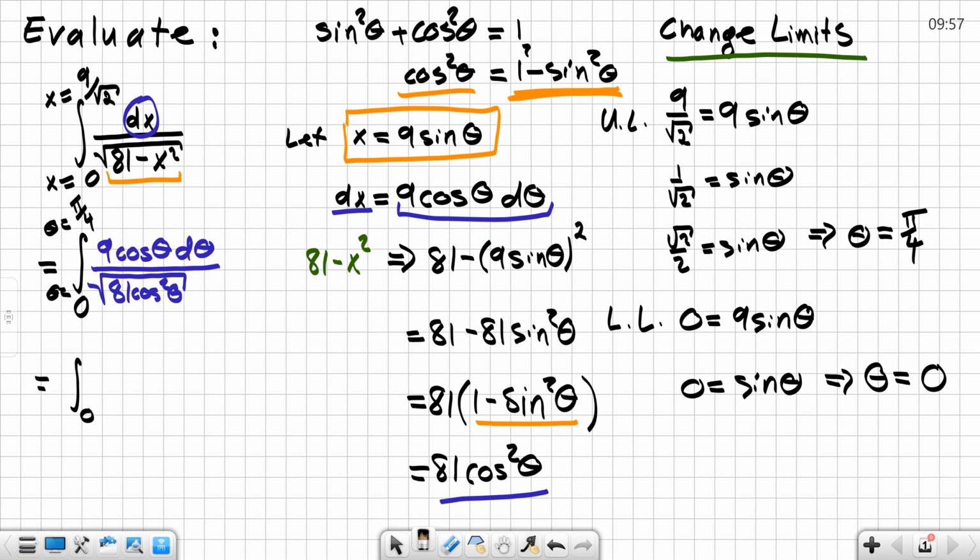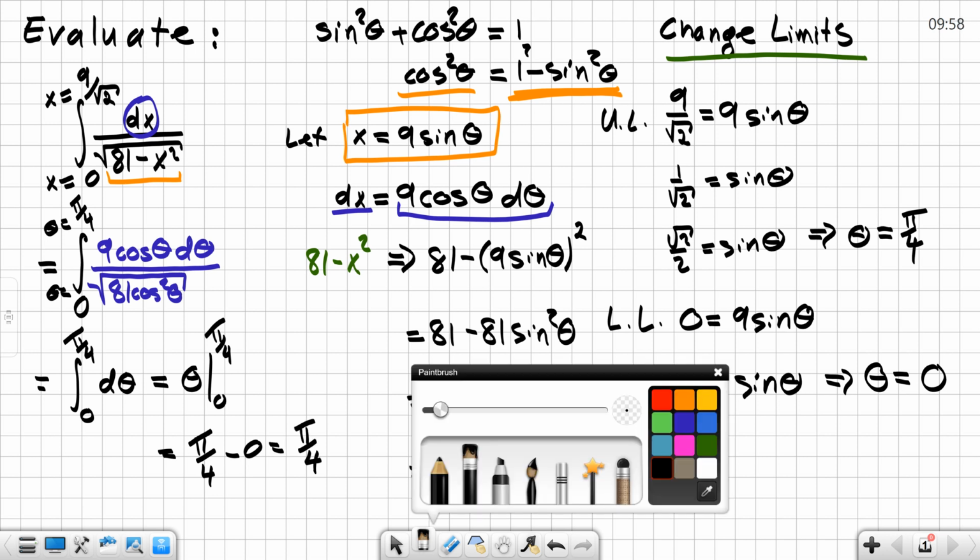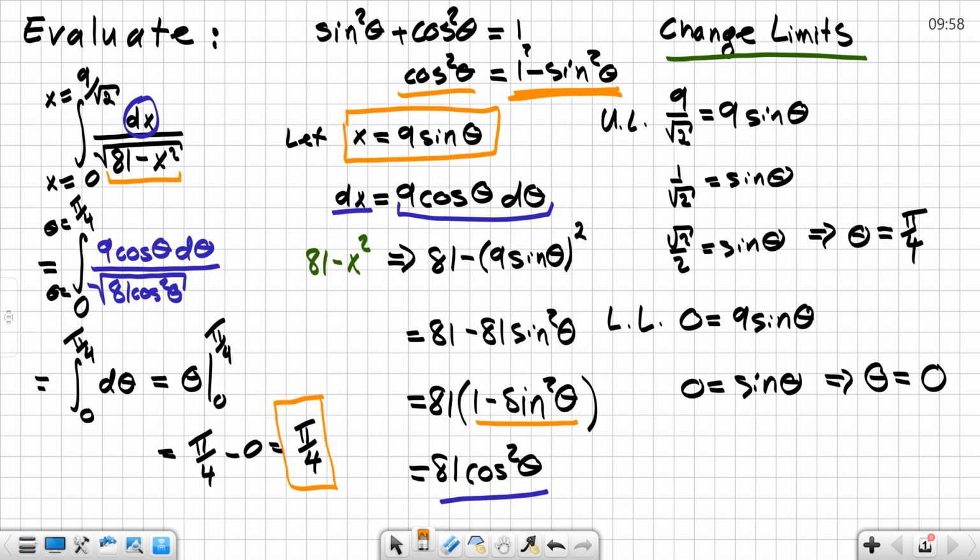I have the integral from 0 to pi over 4 of 9 times cosine theta d theta divided by the square root of 81 cosine squared theta, which is a perfect square. 9 cosine theta cancels out, and I'm actually just going to be left with 1 times d theta, which by the fundamental theorem of calculus is nothing else but theta evaluated from 0 to pi over 4, which will give us pi over 4 minus 0, which of course is just pi over 4. And we are done.